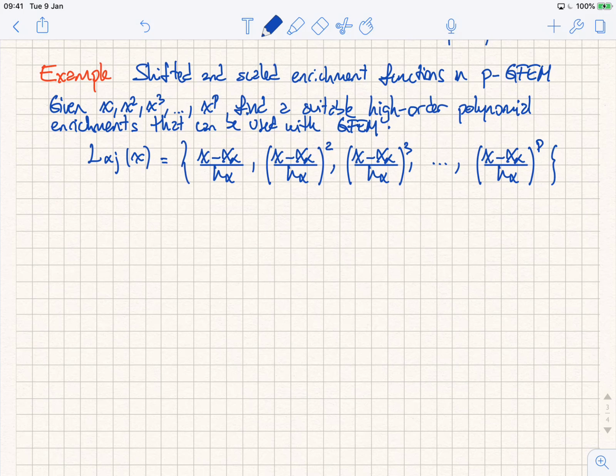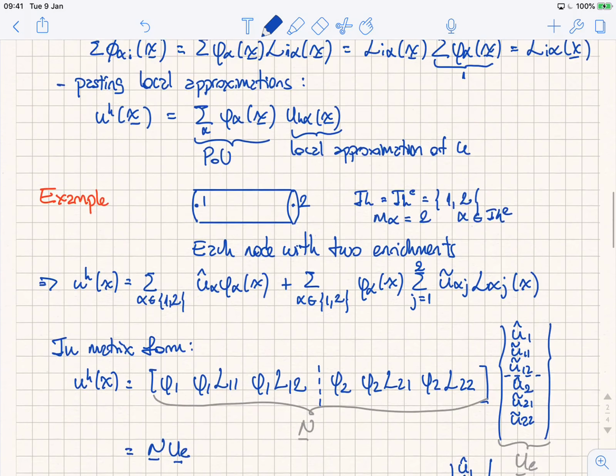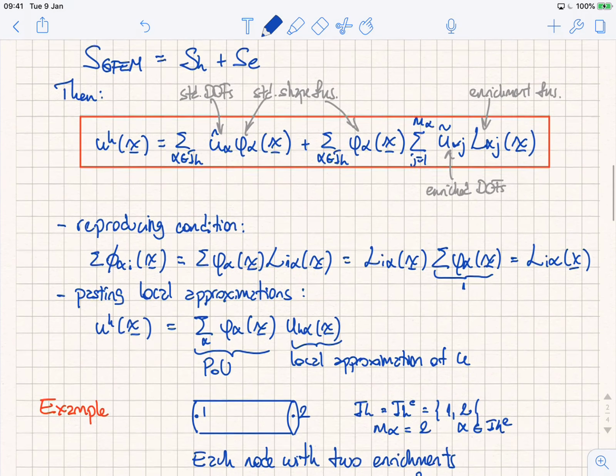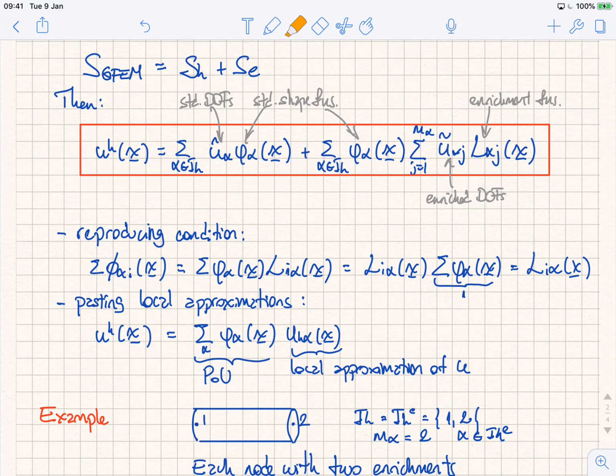Okay? So making the function equal to 0 at the node is very, very important. Who can give me a reason why it is important? Let's take a look again at my main equation for this course, this one.